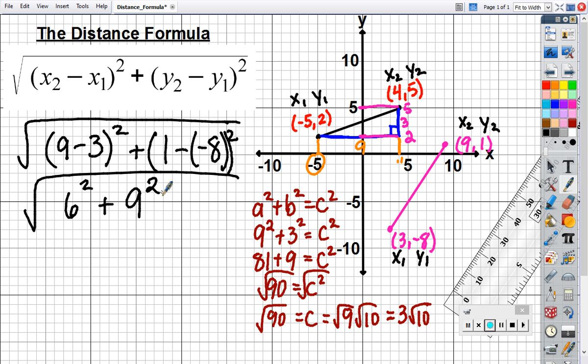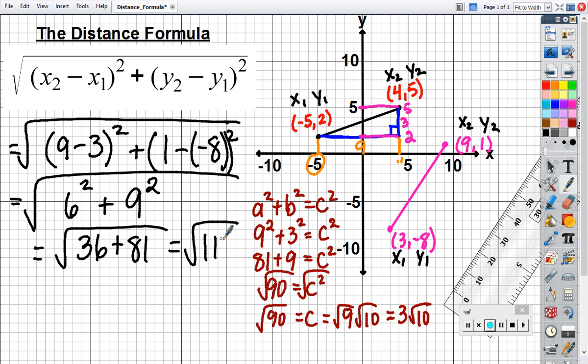So I get the square root of 36 plus 81, which is the square root of 117. I can see that 9 goes into 117, so this is root 9 times root 13, which is 3 root 13. So that is my answer for that one. The length of this segment from here to here is 3 root 13.